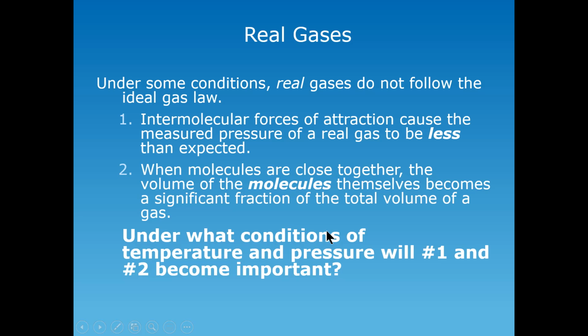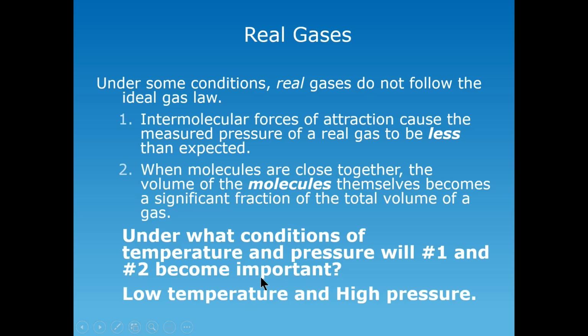What you'll find is that it is possible for real gases to approximate the behavior of ideal gases. However, the conditions which make these two points very important when differentiating between real gases and ideal gases are if the temperature of the gas is low and the pressure of the gas is high.